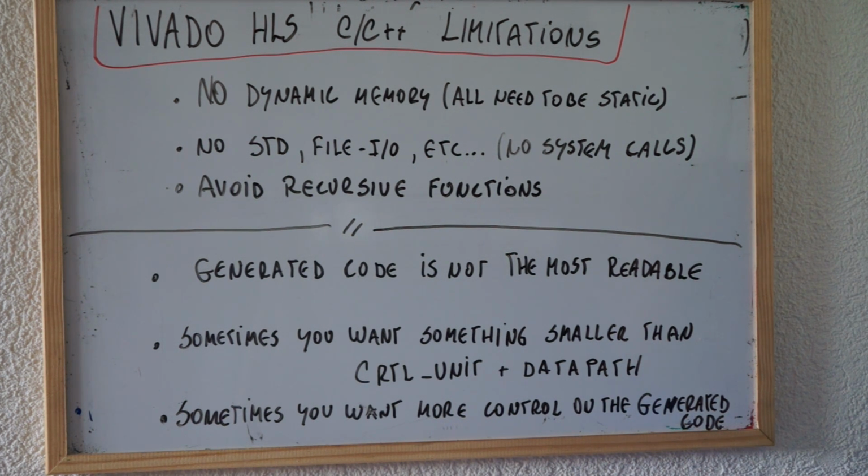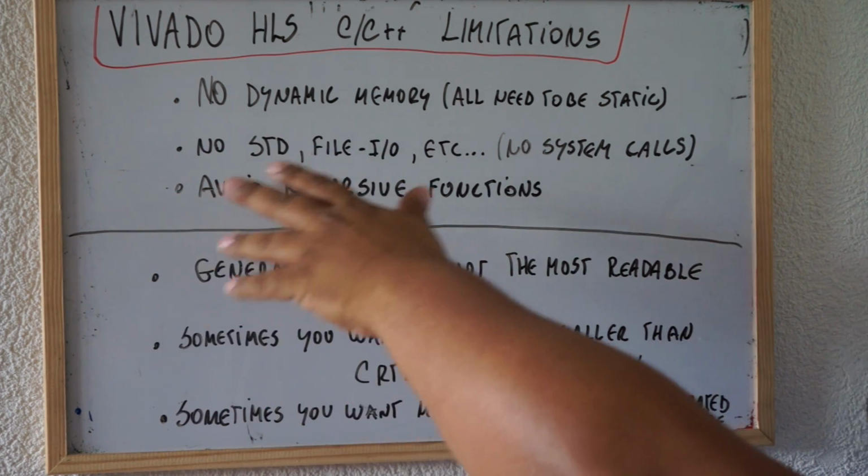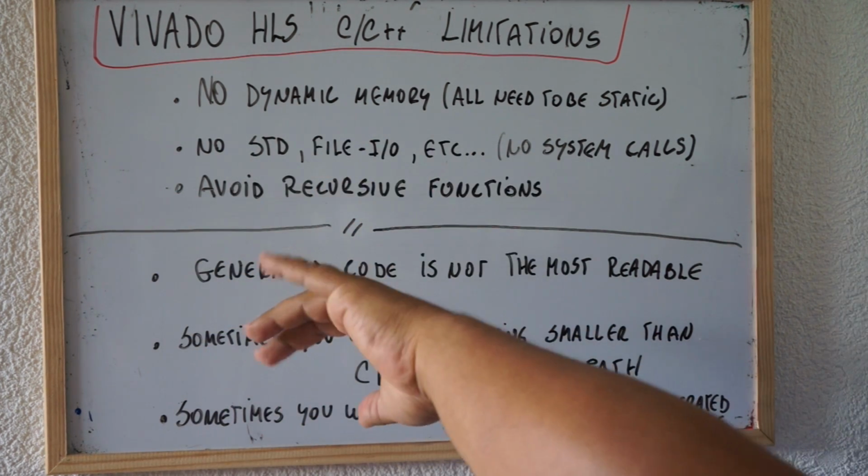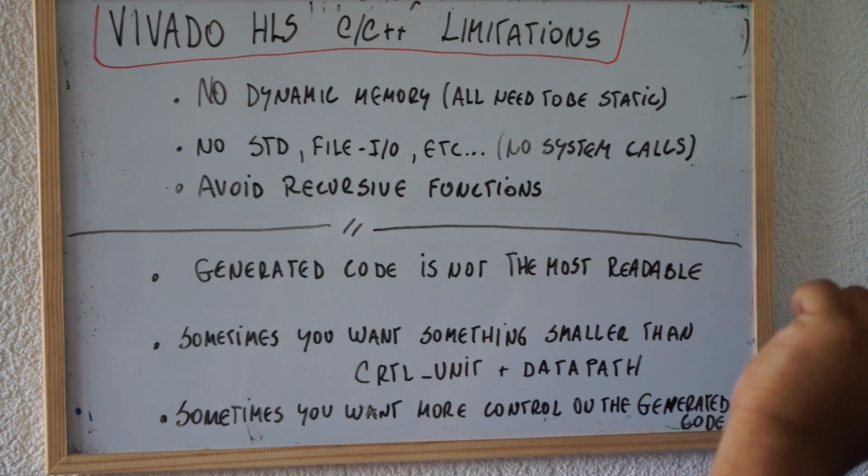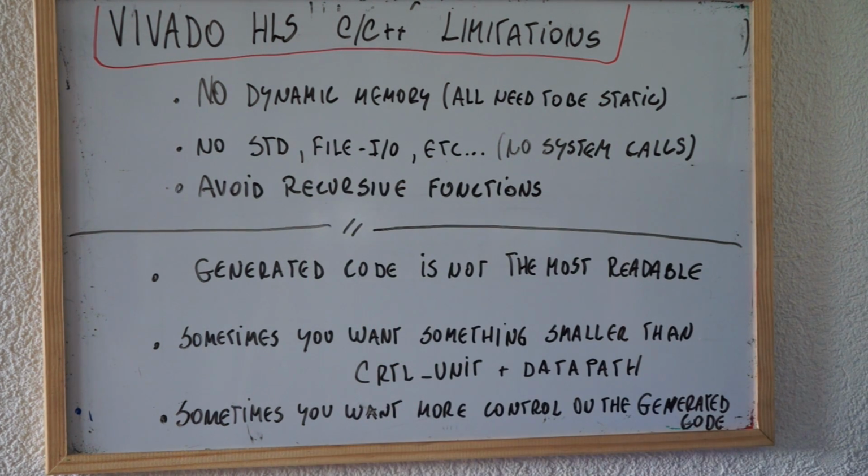It's way easier for a software engineer to change their code to not use dynamic memory, use all static memory, avoid STD and stuff like that, really changing just the C or C++ level of your code and generating a hardware accelerator, okay? But sometimes you want more control, and Vivado HLS is not the tool for doing this.